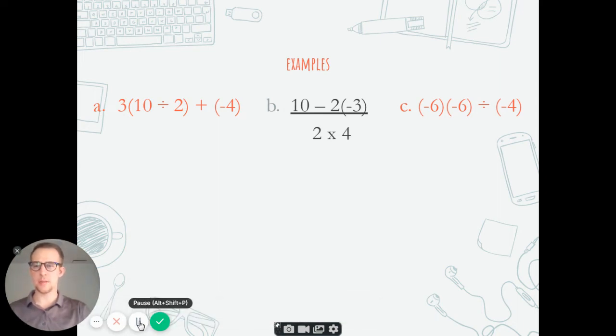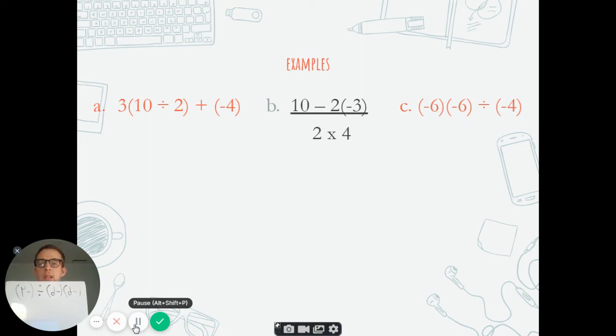Let's look at the last example. Okay, so we've got negative 6 times negative 6 divided by negative 4. In this situation, we're going to move from the left to the right. So the first thing we're going to do is multiply negative 6 by negative 6. And you know that when you multiply two negatives, you get a positive.